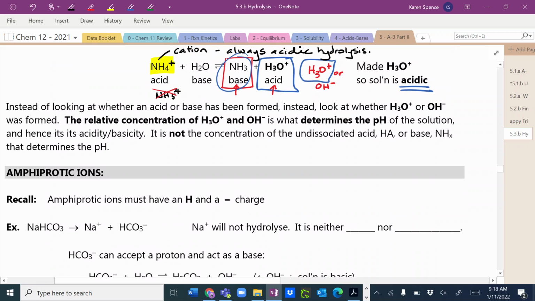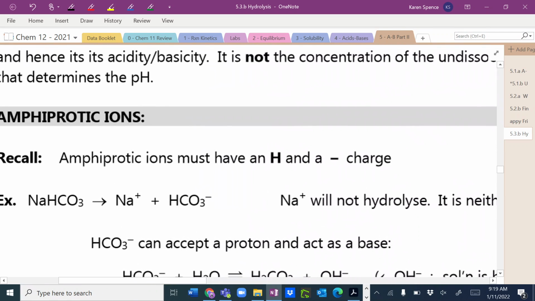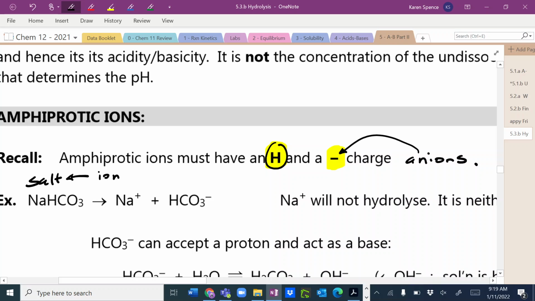Amphiprotic ions. If you recall, amphiprotic ions are ions that have an H and a negative charge, so these will always be your anions. Let's look at our salt, and remember, a salt is just an ionic compound.